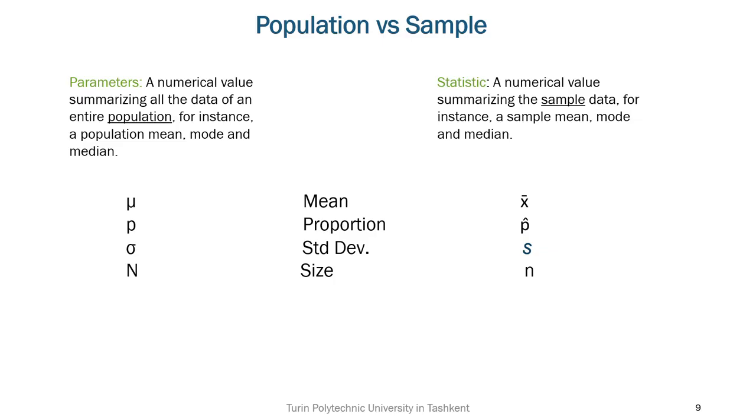We can see here that we have different alphabets and different capitals for each statistic. Like mean has μ for population, however x̄ for sample.